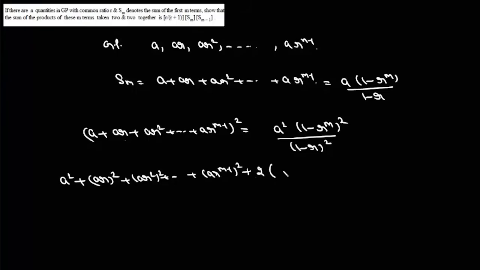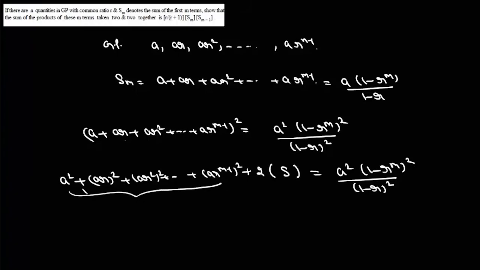Let us say this is the required sum S, and this is equal to a square into 1 minus r to the power m whole square upon 1 minus r whole square. Now this again is a GP whose first term is a square, common ratio is r square, and number of terms is m.